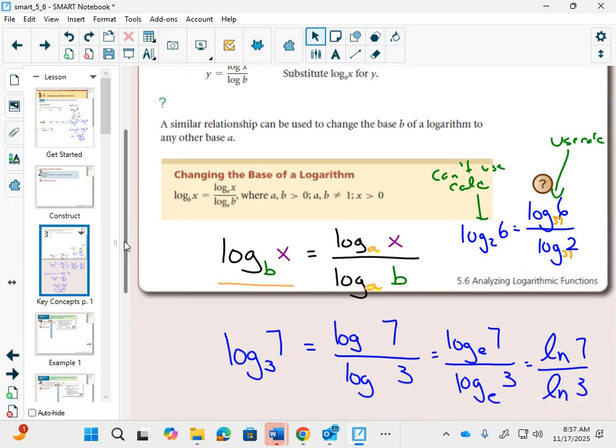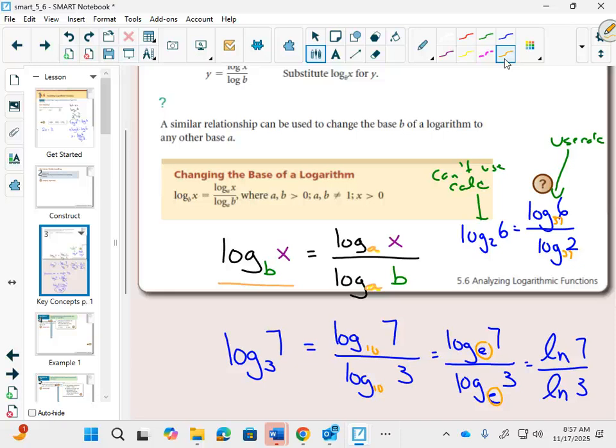So a couple of examples you can write down here. If you have log base 3 of 7, you could change it to log of 7 over log of 3. It's not written, but I chose 10. I could choose the number e. Remember we were introduced to the number e, 2.718? And with the base of e, that is the other button that is on your calculator.